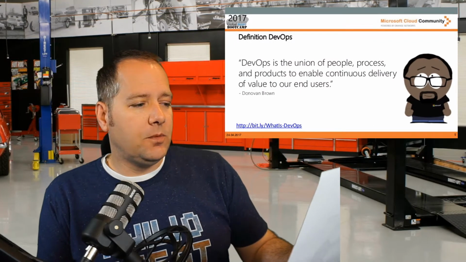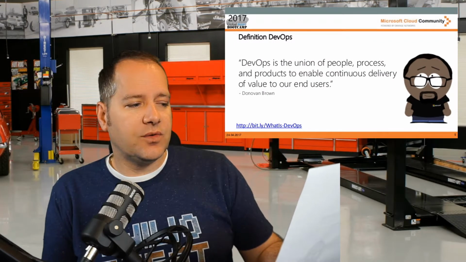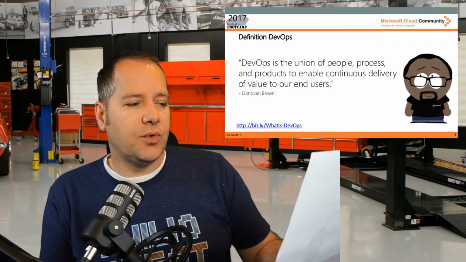Now, Donovan Brown said it best, and I'm going to read this because I don't want to get this wrong. DevOps is the union of people, process, and products to enable continuous delivery of value to our end users. Now, as technology professionals, we sometimes get lost in the technical side of it, the tools and everything we use, and put more focus and value in those tools and technologies than we do on what we really need to.